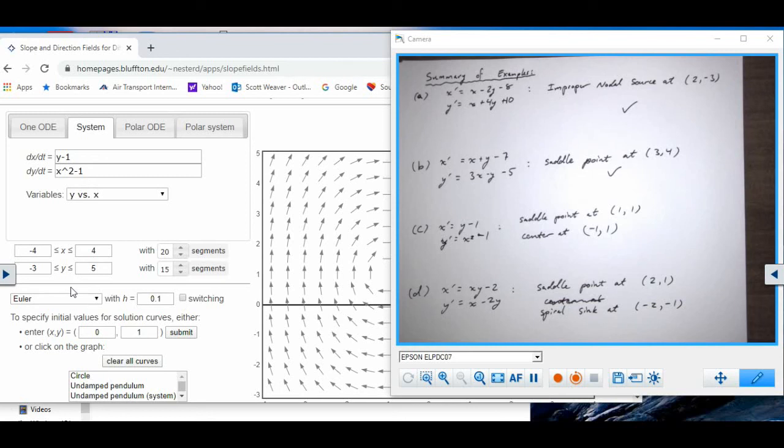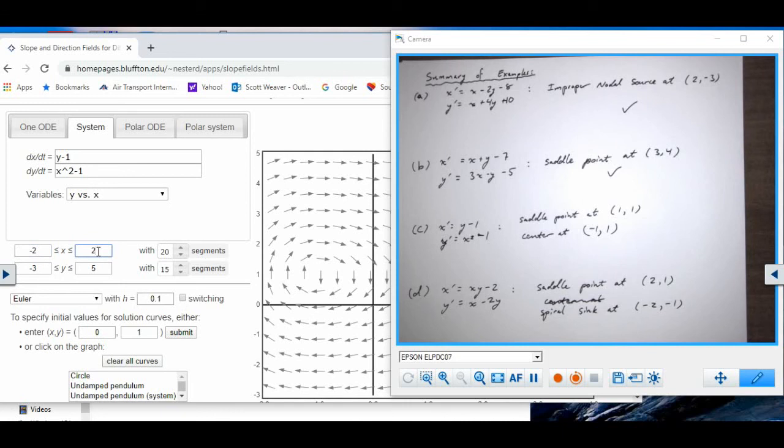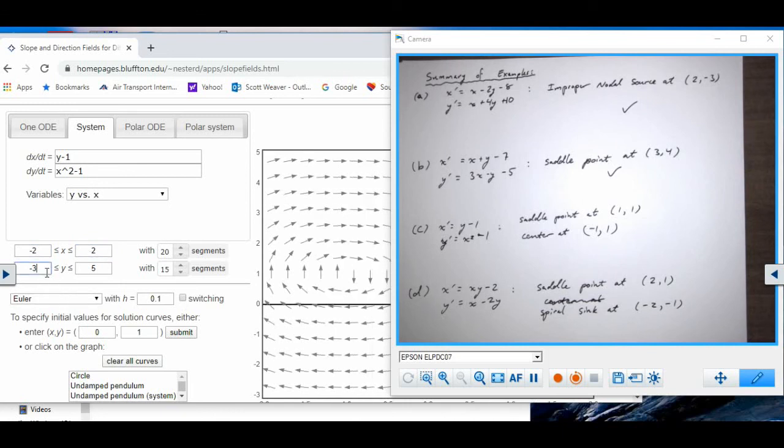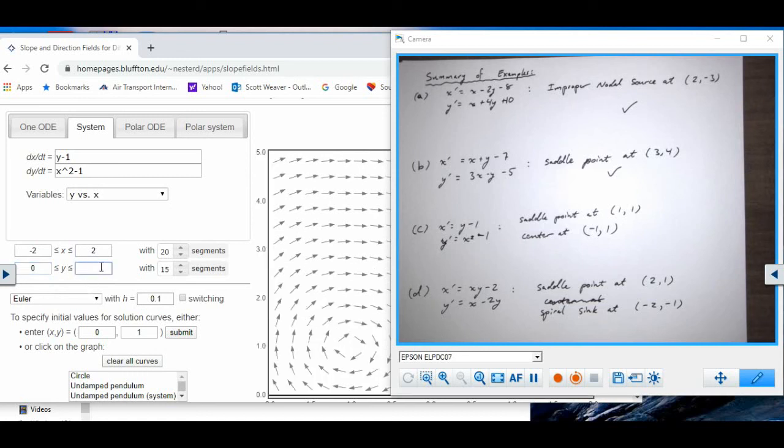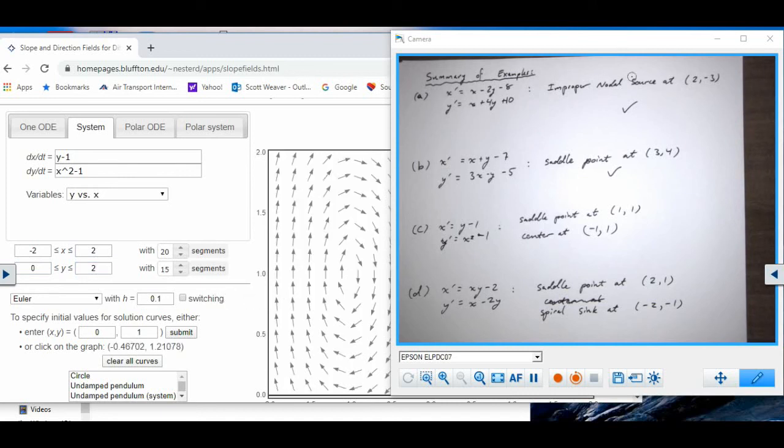So let's change our window to go from negative 2 to 2, and let's go 0 to 2 on the y, just to give us full resolution here. Alright, and now let's have a look.